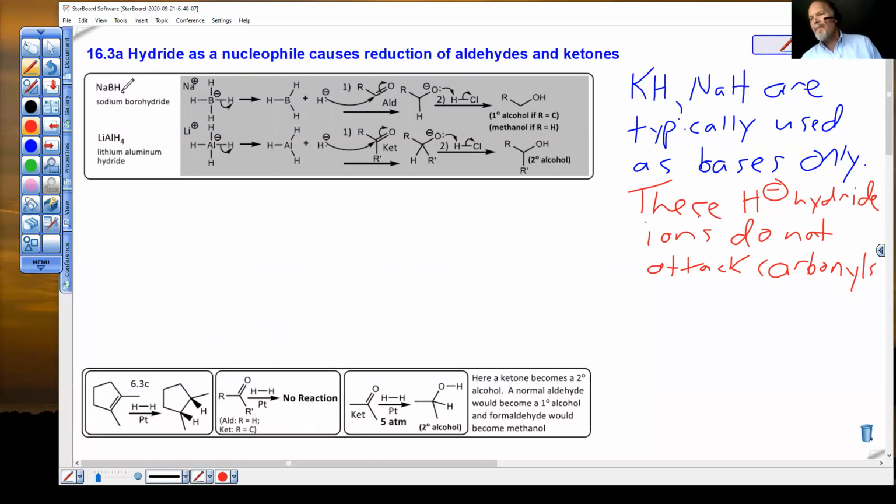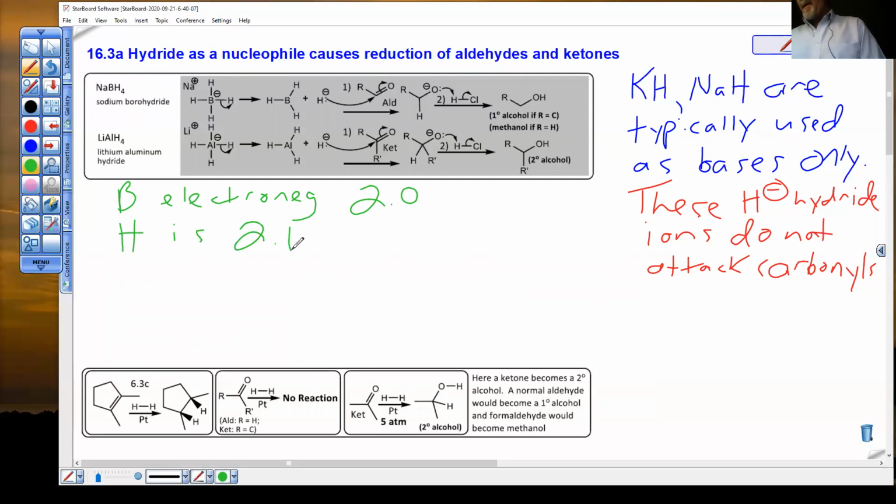Hydride attached to a boron is a more nucleophilic hydride. If you recall electronegativities, these anions are not as anionic, if that makes any sense. Boron's electronegativity is 2.0, sorry, H is 2.1.